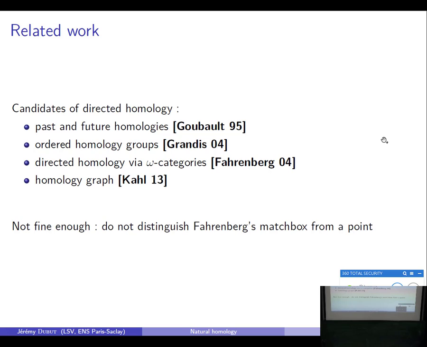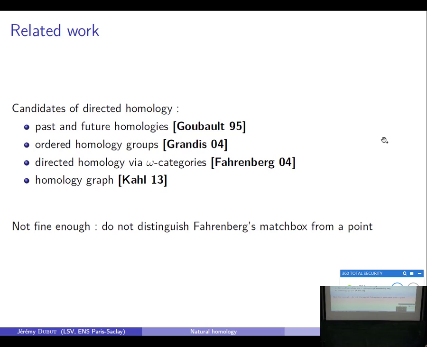There were many candidates of homology for these spaces which were proposed. But, well, they are not precise enough to detect something on a space like the matchbox. Typically, some of them are constructed by just considering classical homology of the space and adding some structure on this space.